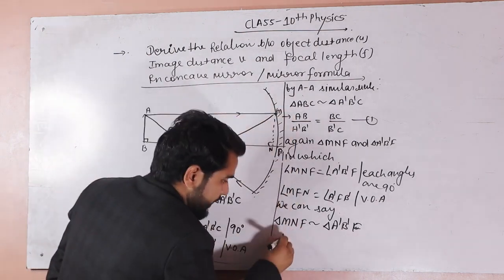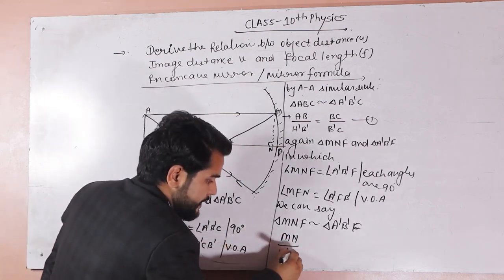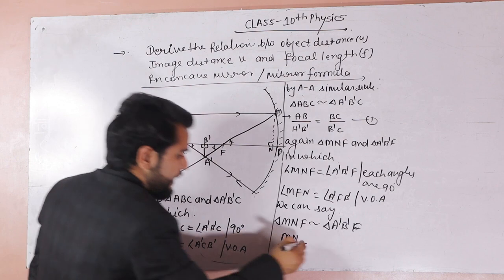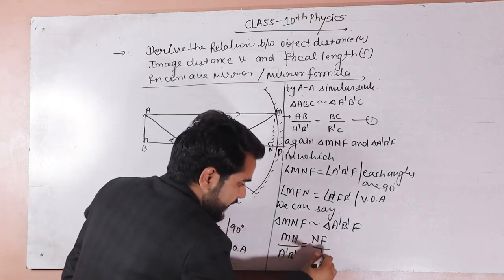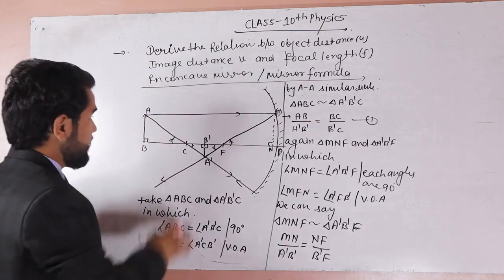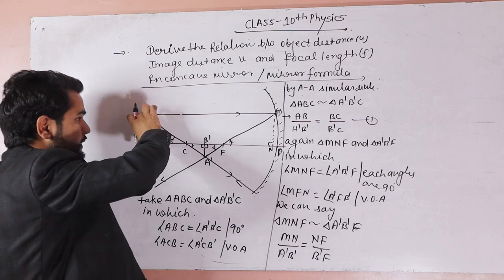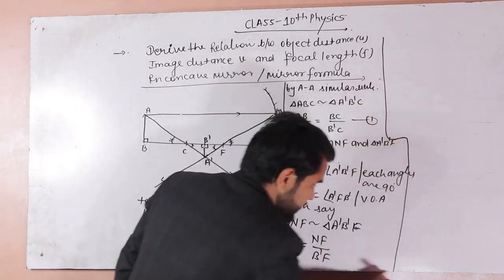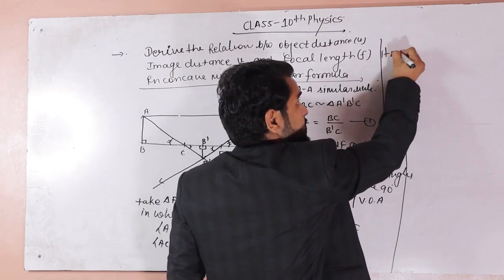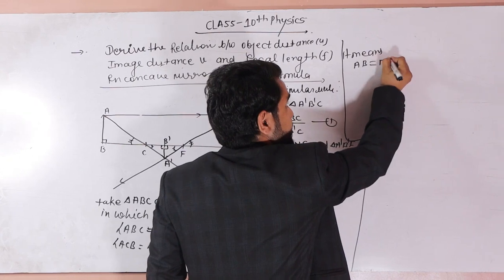So we take MN and its corresponding side A dash B dash, and NF and its corresponding side B dash F. We can see in the diagram that both lines are parallel, which means this side is equal to this side. It means AB equals MN.